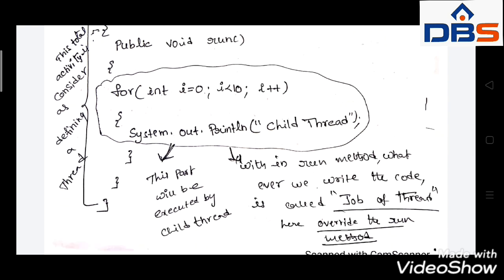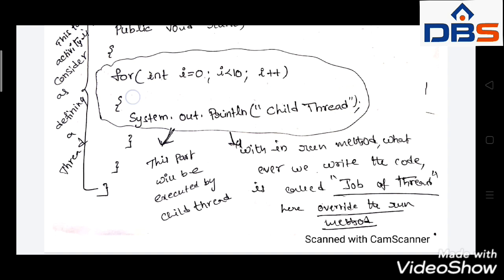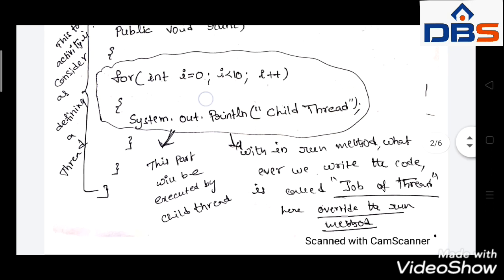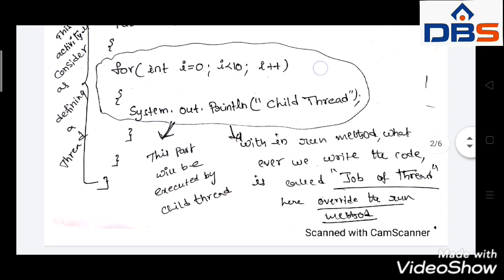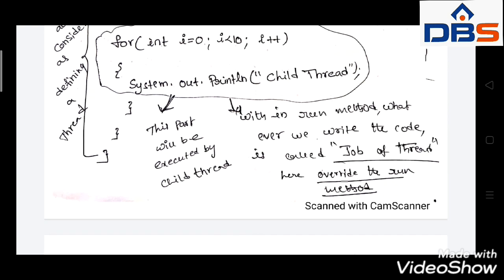In this method we write some statements. We write a for loop: for int i = 0; i < 10; i++. Here I directly initialize the looping variable i with the int data type. int is the keyword to represent integer data. Here I print a statement, System.out.println child thread.